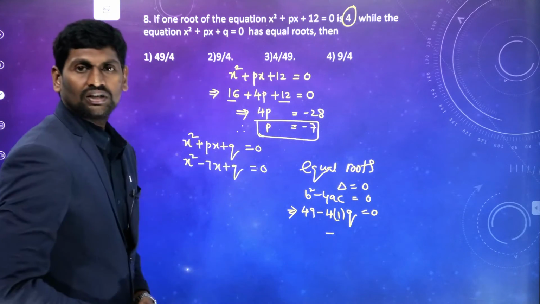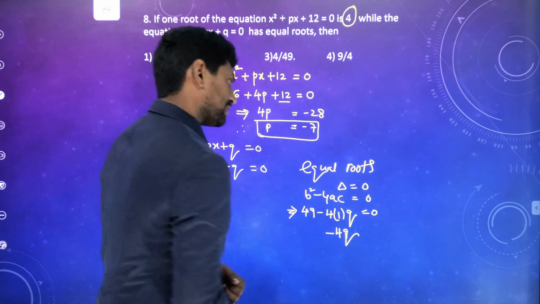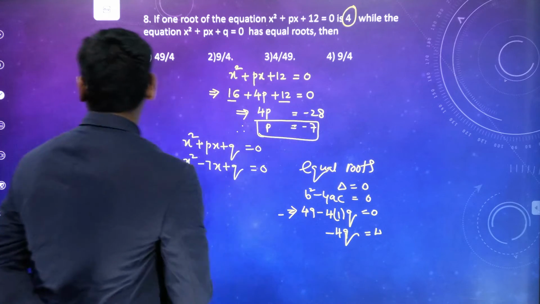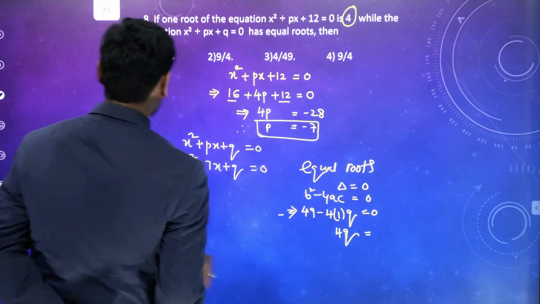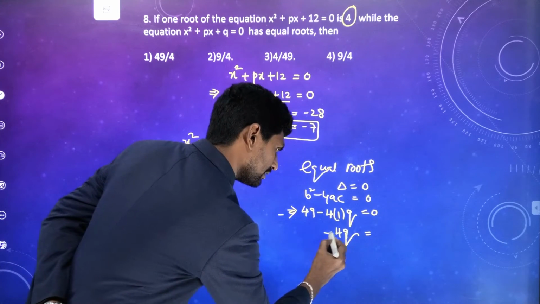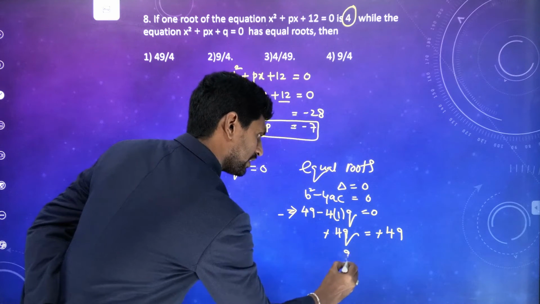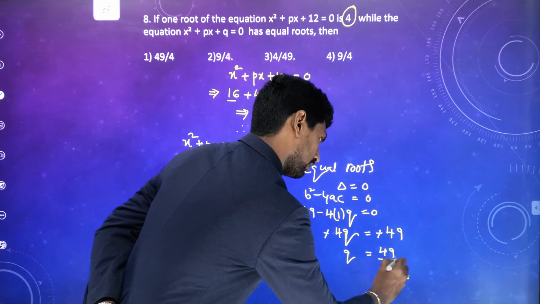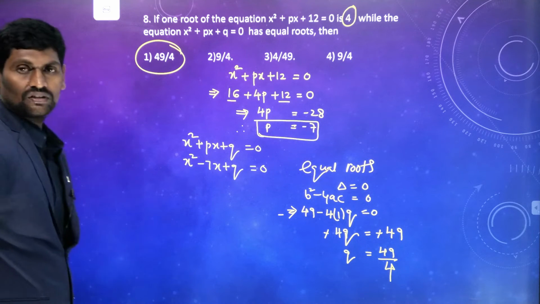So minus 4 into q, minus 4q plus 49, transpose that side, becomes minus 49. Minus minus can be cancelled both sides. Q equals 49 by 4. So what is our answer? 1.